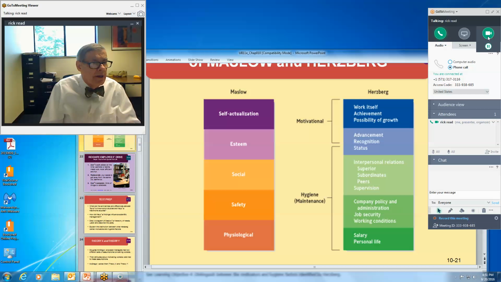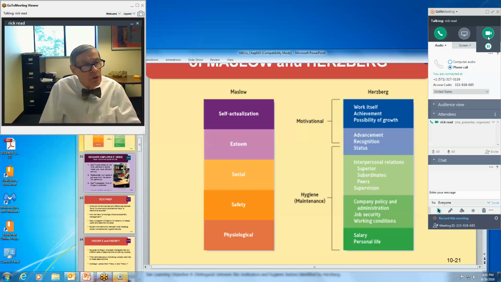Herzberg's research was conducted with 200 different individuals. Each individual that was surveyed was either an accountant or an engineer. That is not a random sample of the population. And because of that, Herzberg's work has never been replicated by other researchers.